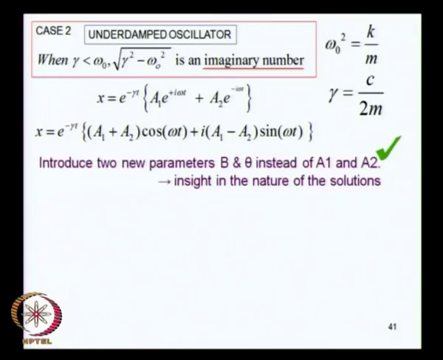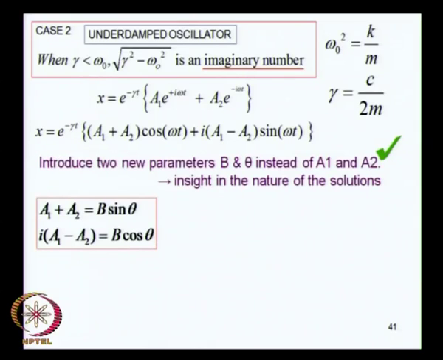So, these two parameters b and theta are instead of a1 and a2, not in addition to them. b and theta can be determined in terms of a1 and a2. If you do so, the nature of the solution becomes very easy to interpret, and it enables you to develop some insight into the form of the solution. That is the advantage in introducing these two parameters.